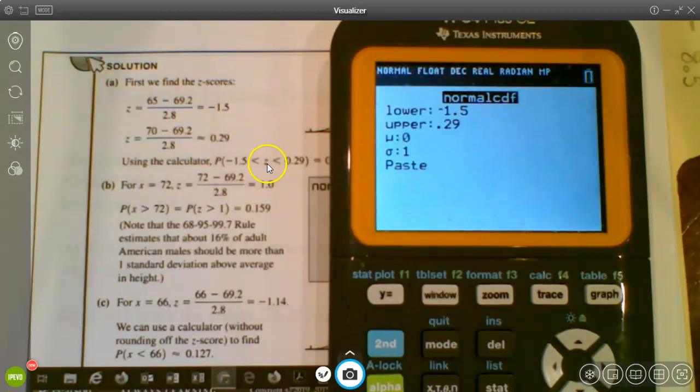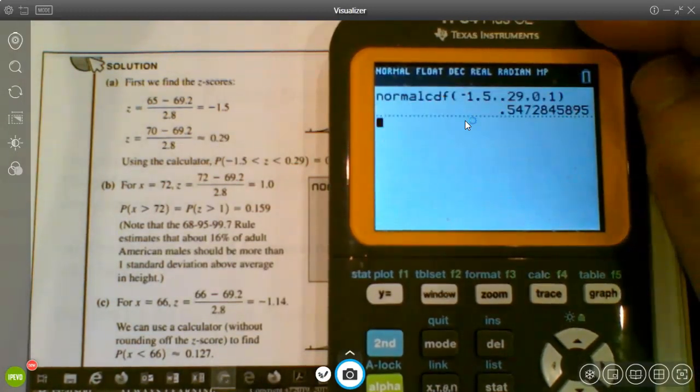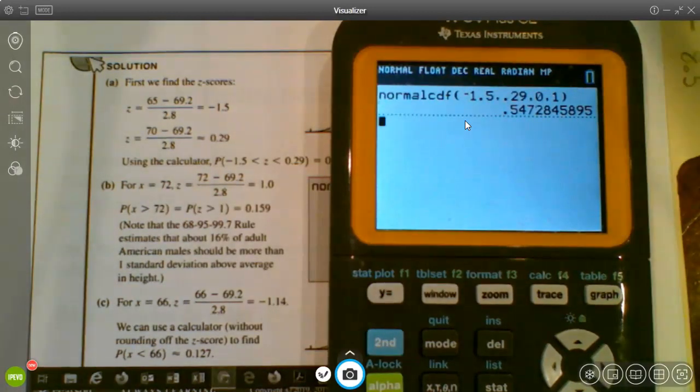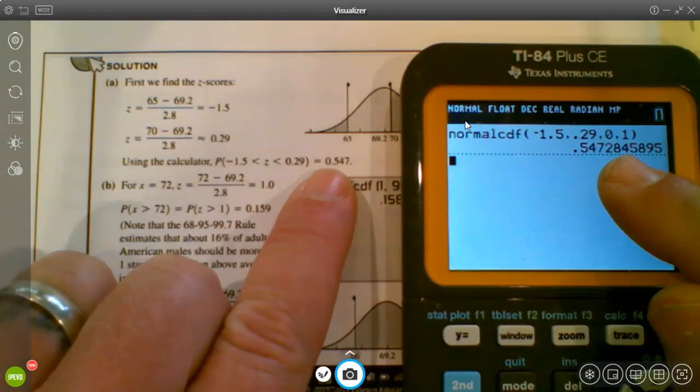If we're using z-scores, we always assume that the mean is 0 and the standard deviation is 1. So under these conditions, that's when we're going to be working with a z-score like this. So now if I just hit enter, that's where they're getting their percent from.